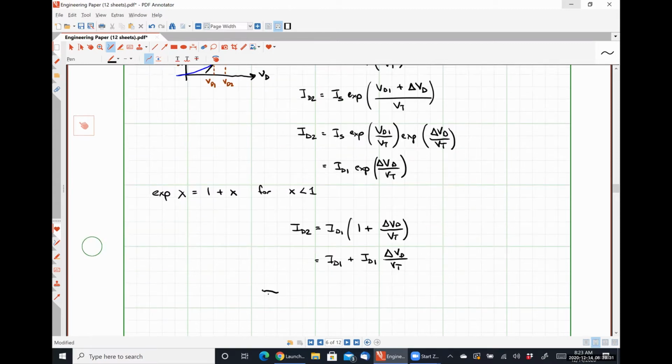And from this, we can see that the change in the diode current, delta ID, is simply delta VD divided by VT multiplied by ID1.